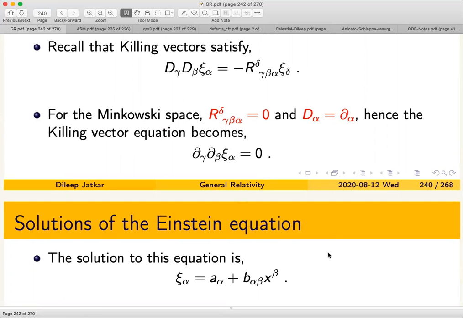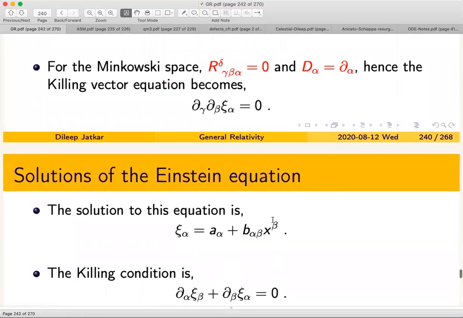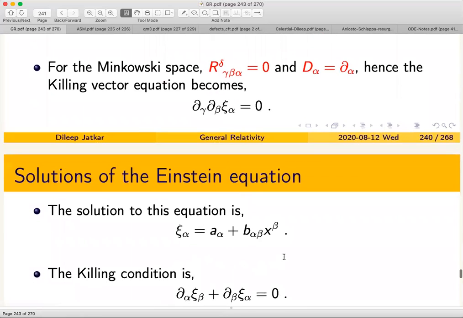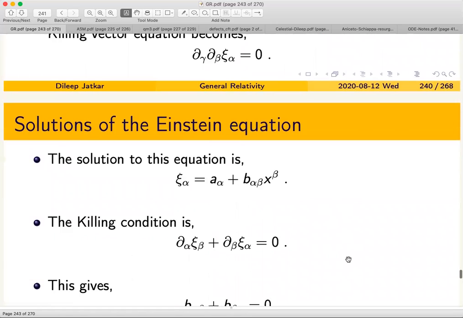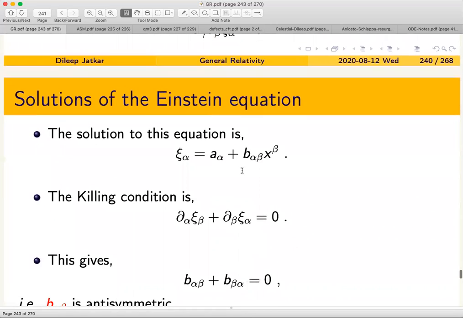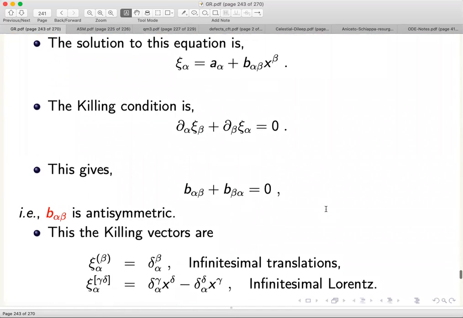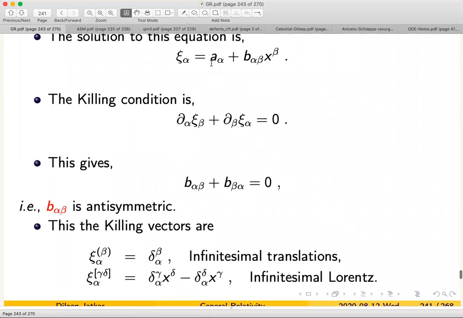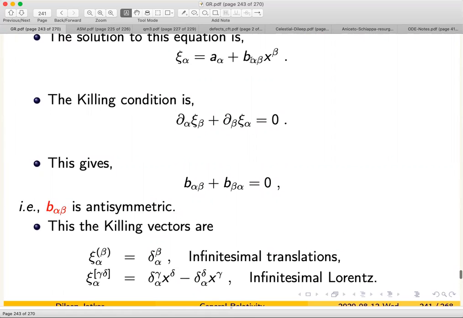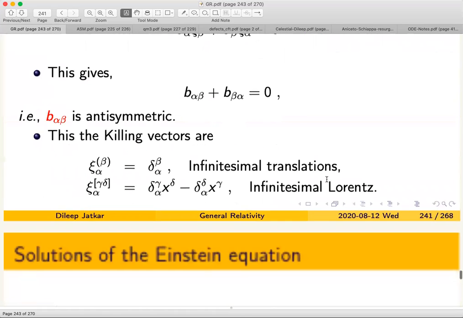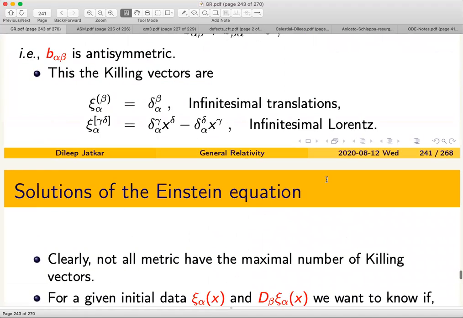But nevertheless, you would find that the answer is not very much different from what you would get locally. Okay, fine. So if you impose the killing vector condition on this, it tells you that B alpha beta would be an antisymmetric tensor. And this is something we already know. A alpha is a translation generator and B alpha beta are called Lorentz transformation generators.